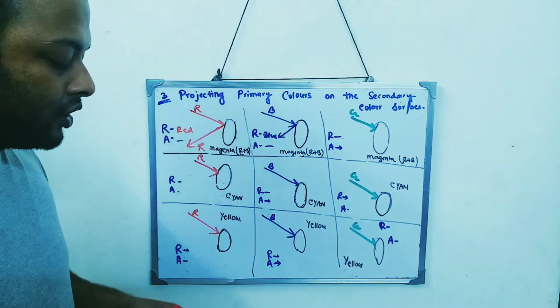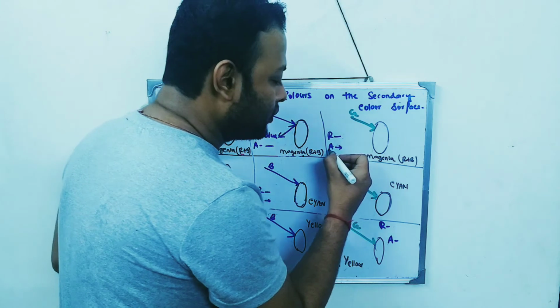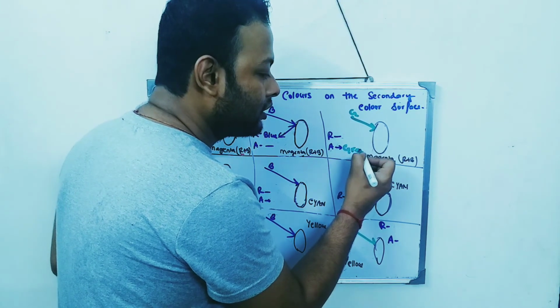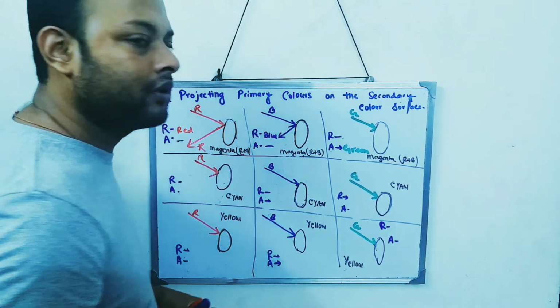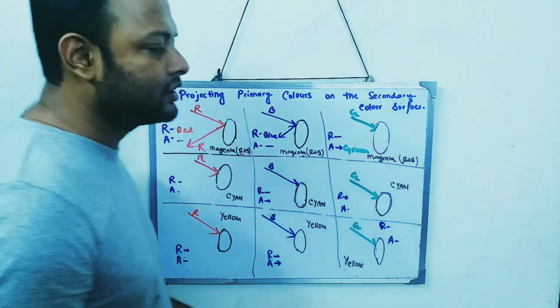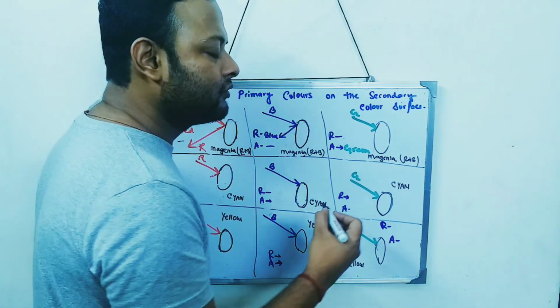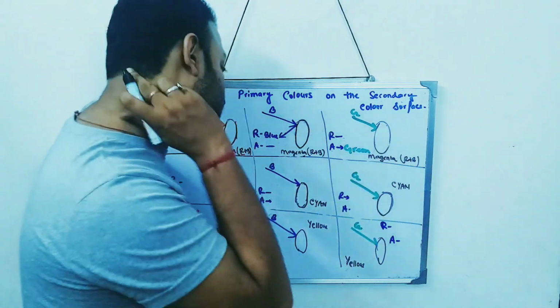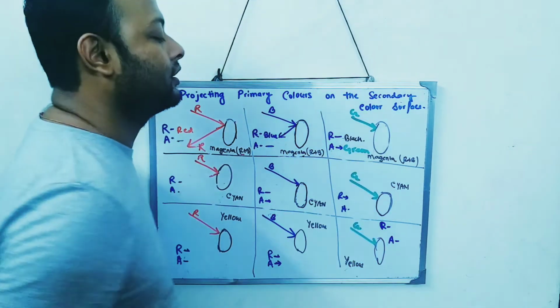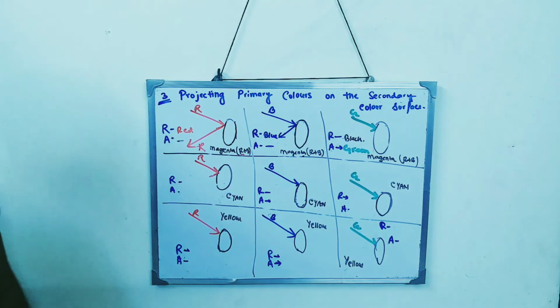Rather, it will absorb the green color. A stands for absorb. What color gets absorbed? The green color gets absorbed. Then what gets reflected? Nothing gets reflected. And when nothing gets reflected, this surface appears black in color.